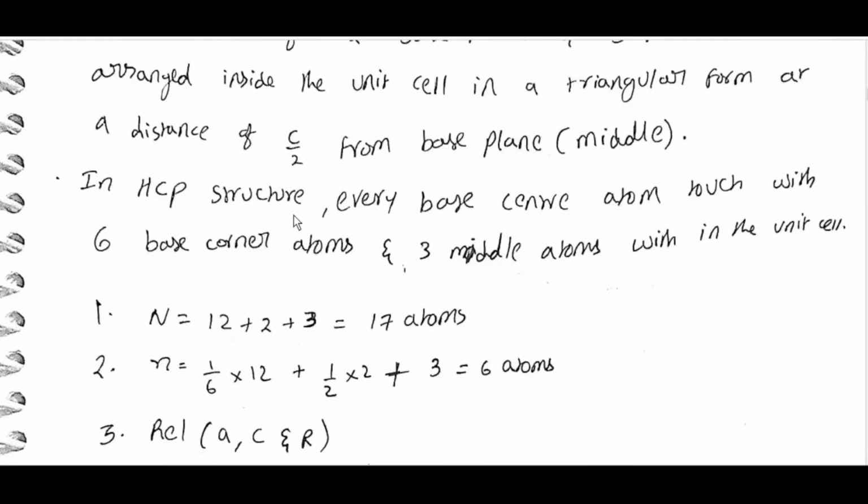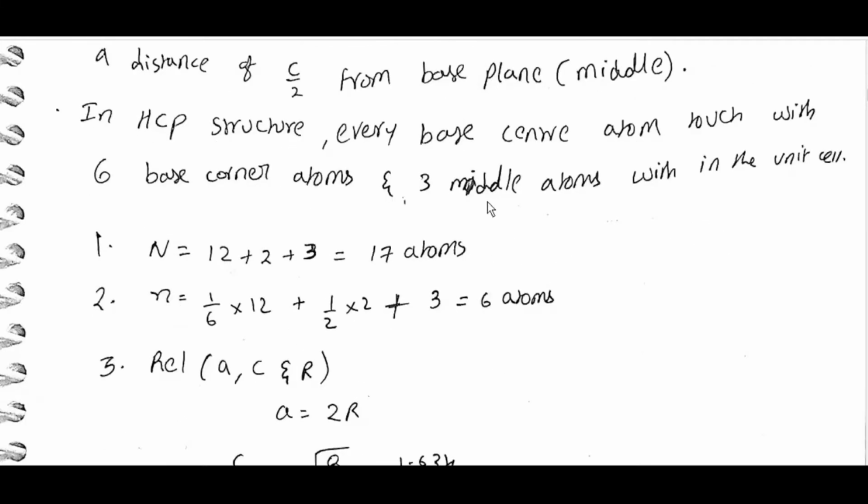Every base center atom will touch six corner atoms and three middle atoms within the unit cell. N is equal to 12 plus 2 plus 3, which is 17 atoms.